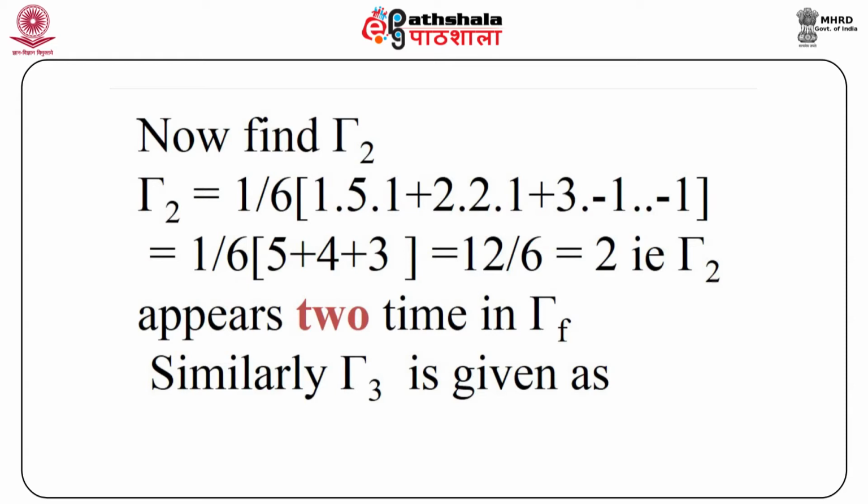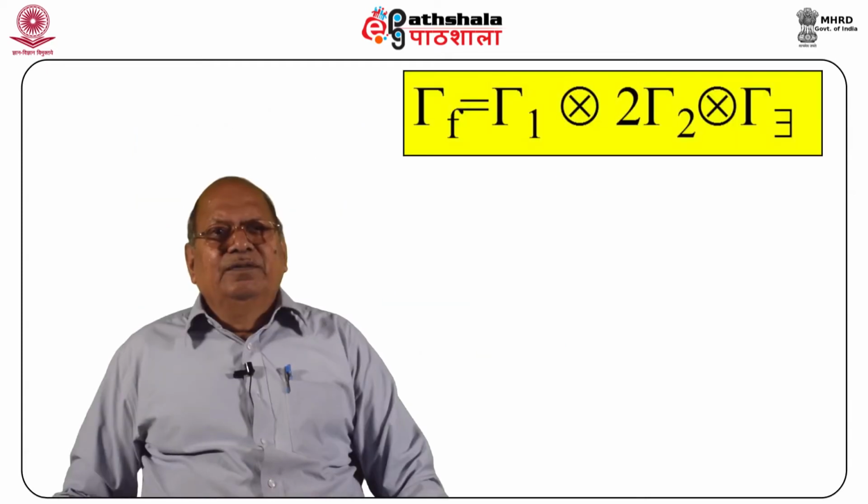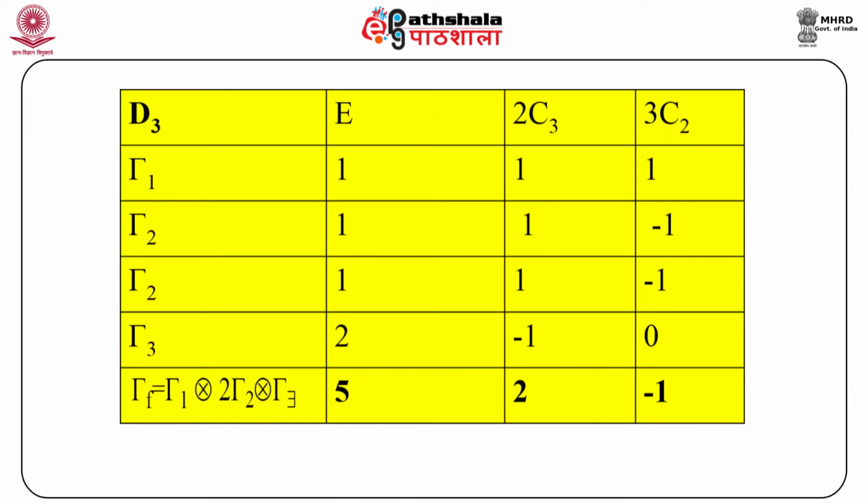That is, tau 3 is present only once in tau F. The whole result can be written as tau F is equal to tau 1, direct product 2 tau 2, and then tau 3.